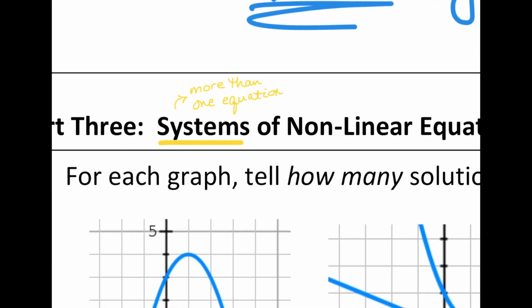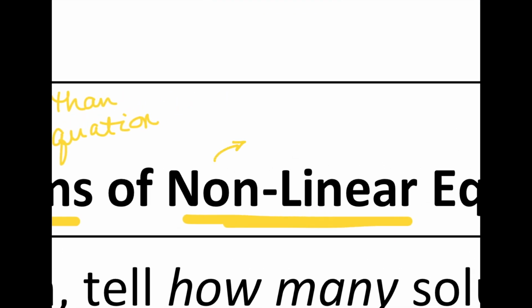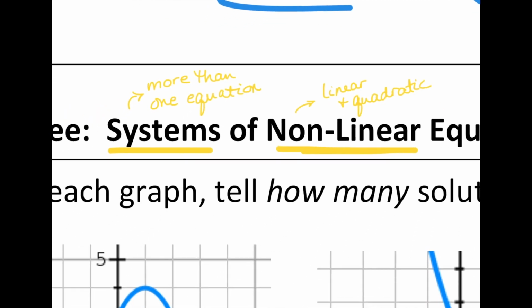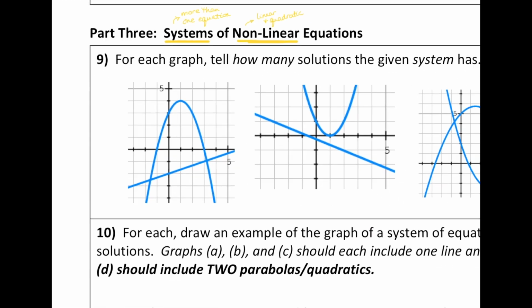In nonlinear, for our purposes, we're going to be talking about both linear and quadratic. So the fact that we're going to be doing some equations in each set that are not linear, we call the whole topic nonlinear systems.